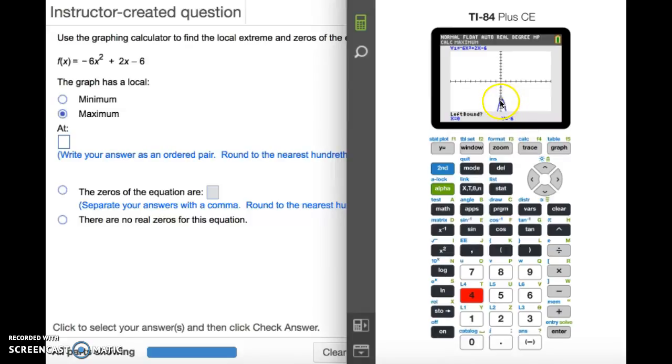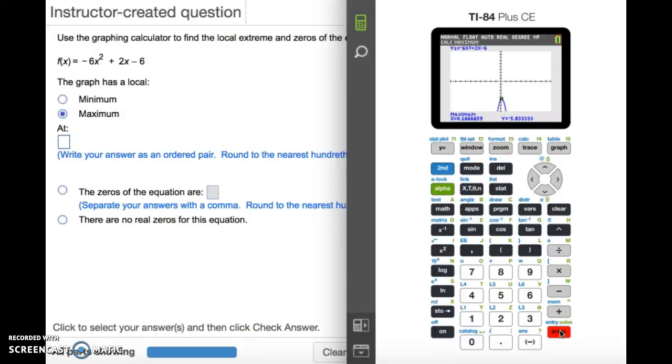Now, that point's pretty close to my vertex, so I want to move it to the left, so I make sure that I'm on the left side. I'm going to press enter, then make sure that I am clearly on the right side, so I'm over there. I'm going to press enter, and then enter one more time.